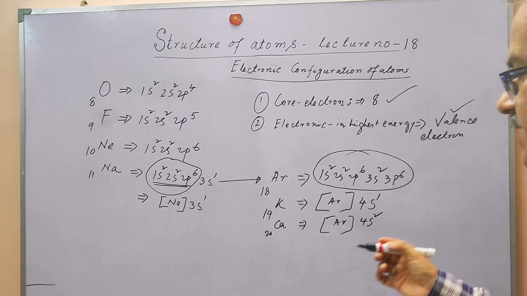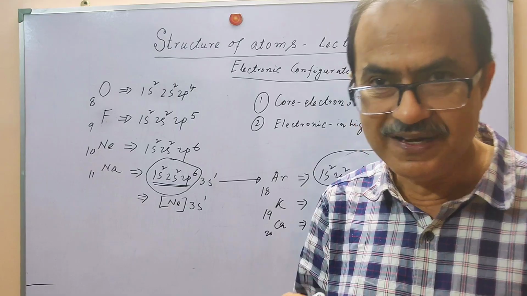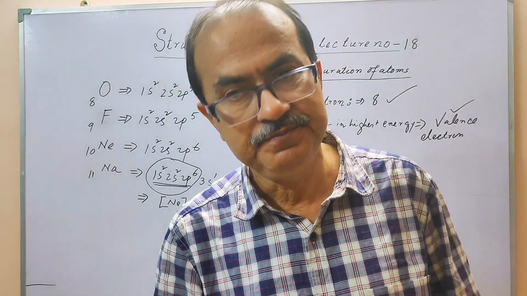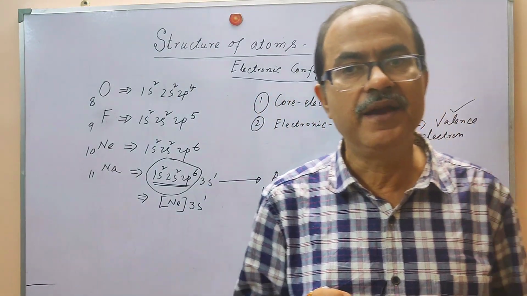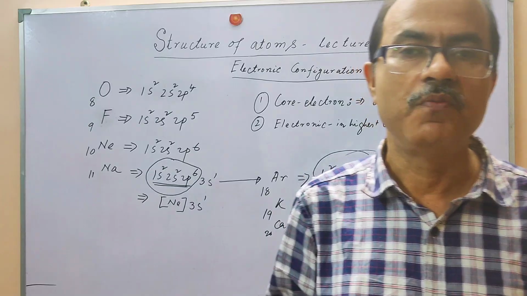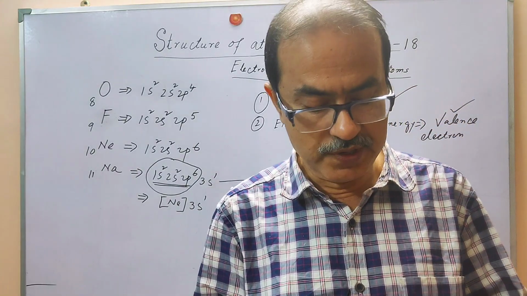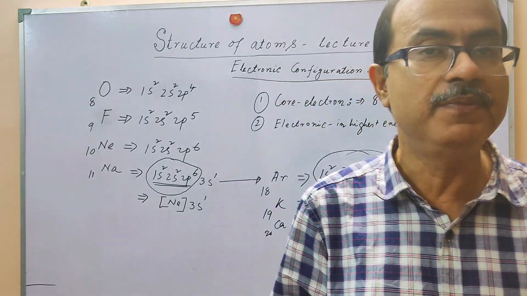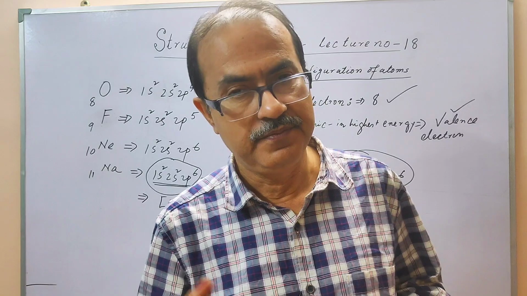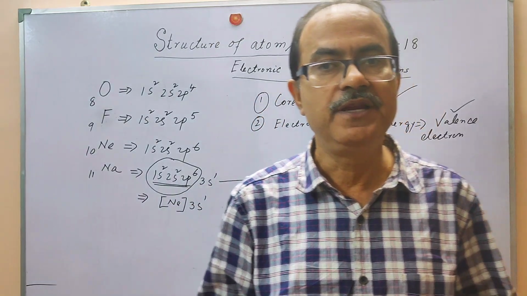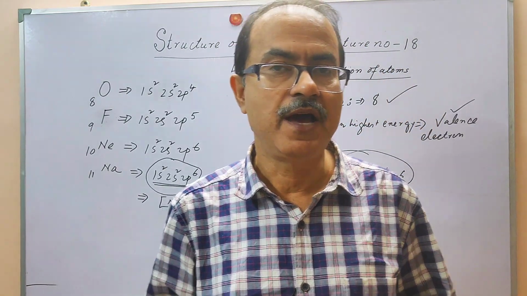After this, another set of elements starts: scandium, titanium, vanadium, chromium, etc. That is what we learn in the periodic table, and these are the 3d transition elements.